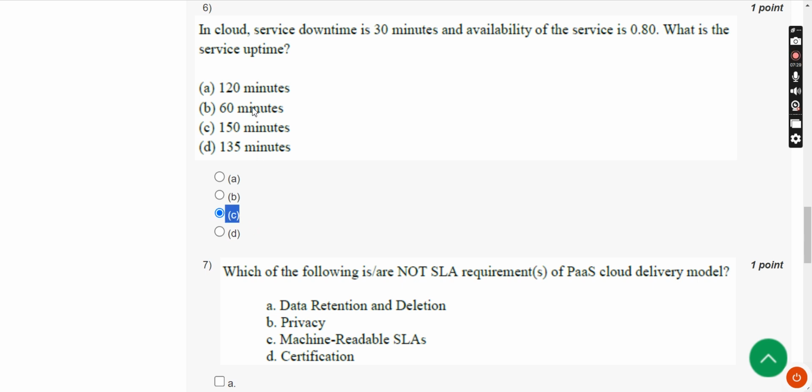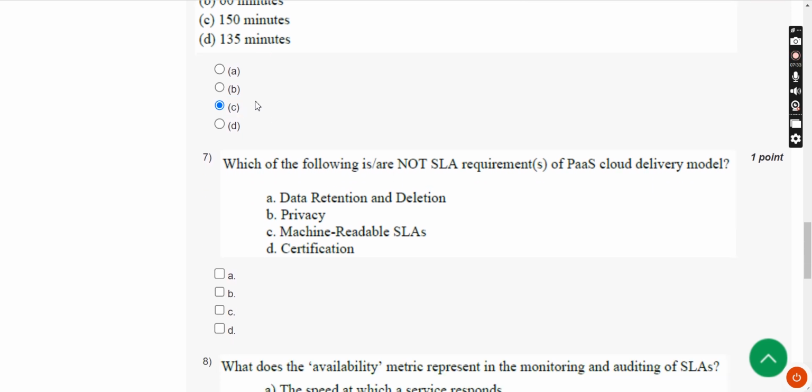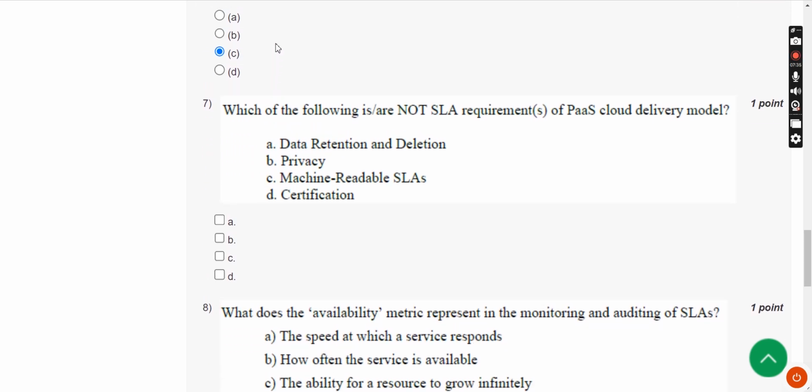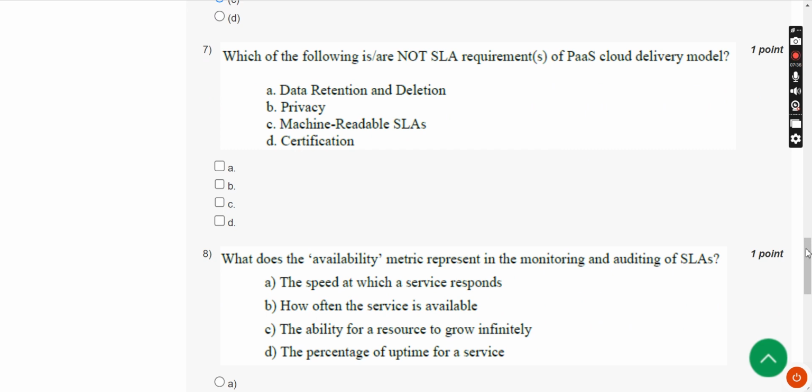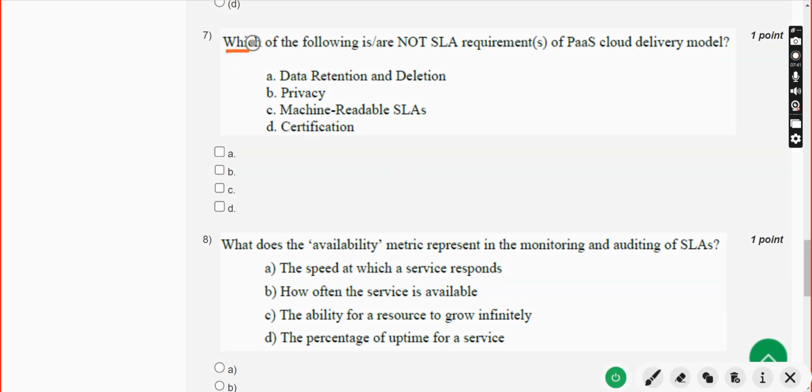Now moving on to the seventh question, guys. Which of the following is or are not SLA requirements of PaaS cloud delivery model?